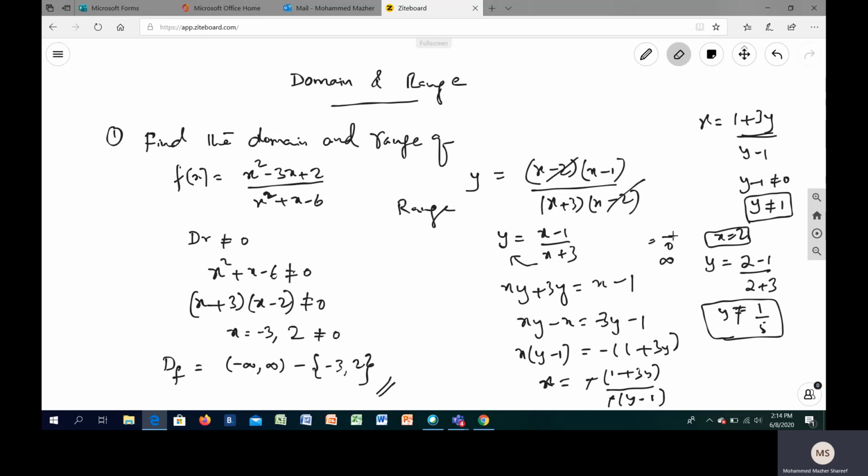So you need to work out and find the dependency in order to get the exact values. Now I'll write the range. The range of the function is all real values except the two, that is 1 and 1 by 5. This is your range for this particular function.